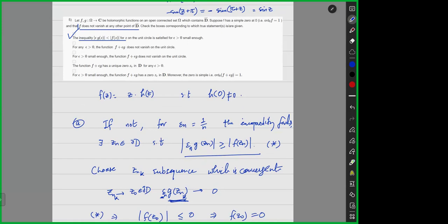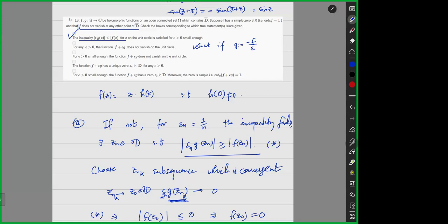What happens next? For epsilon positive, the function f plus epsilon g does not vanish for any epsilon positive. Let's say epsilon is 1. What if we take g to be minus f by epsilon, something like that?